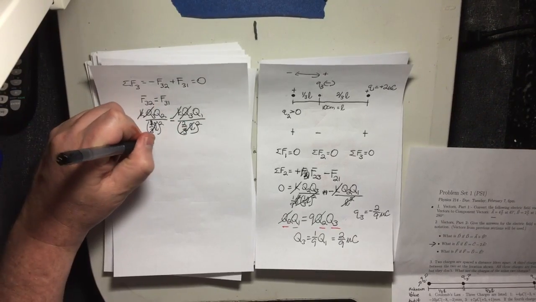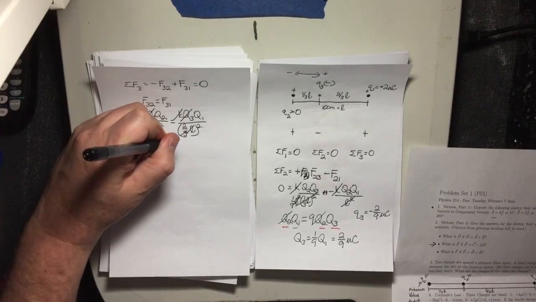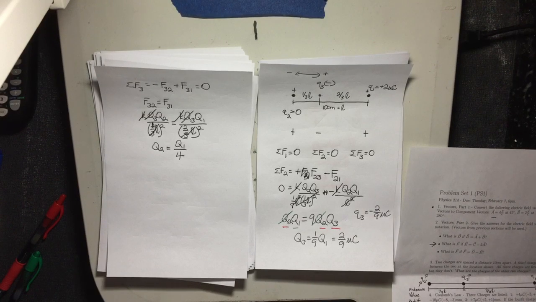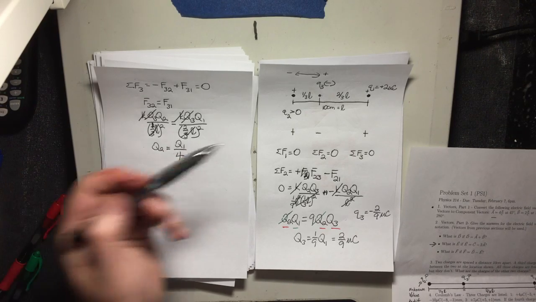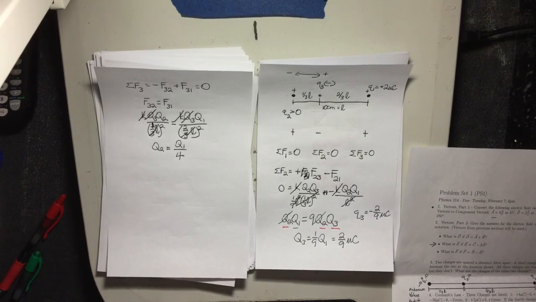So simplifying, KQ2 is equal to Q1 over 4. We now know what Q1 is, and we know what Q3 is, so we can figure out Q2. It's just 2 divided by 4, or 1/2 microcoulomb.